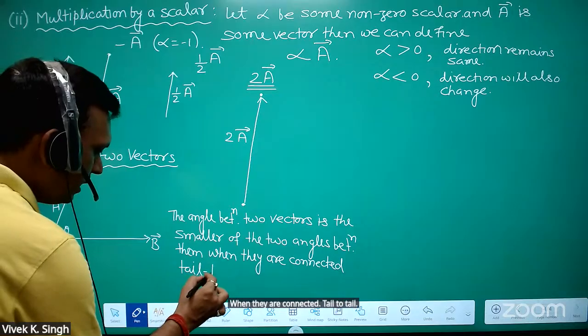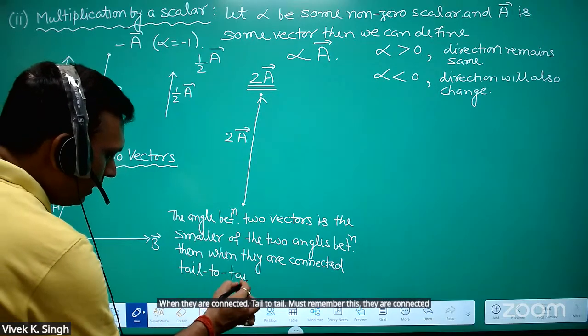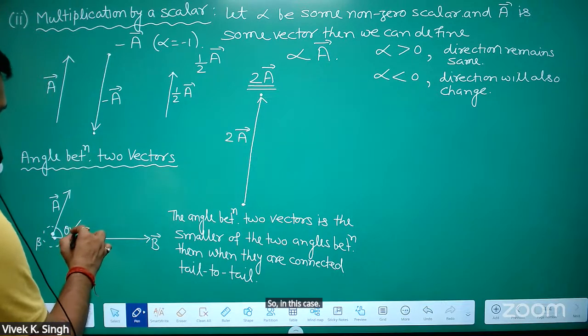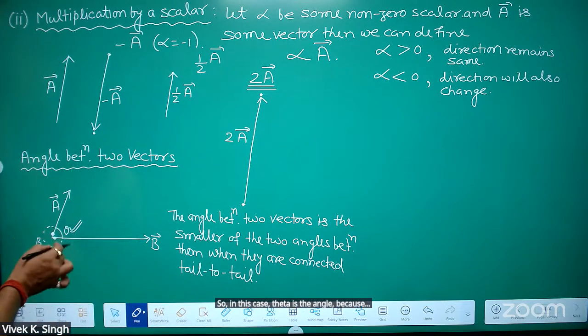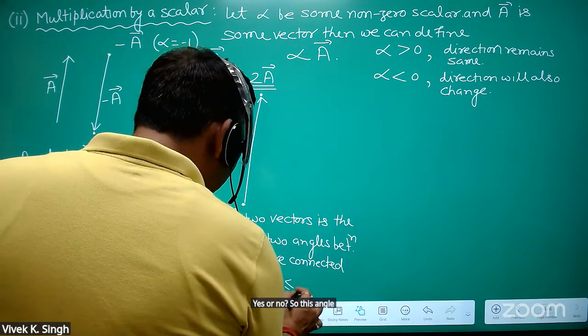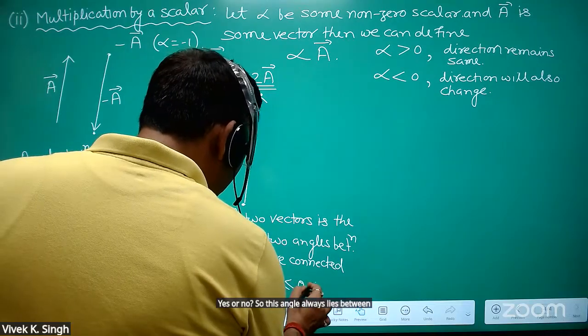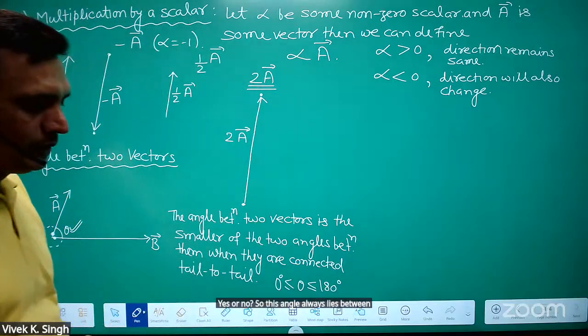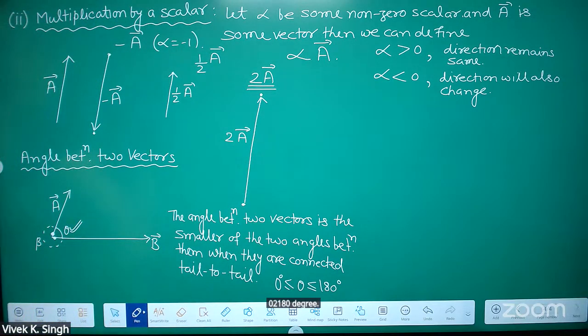Must remember this, they are connected tail to tail. So in this case, theta is the angle because this is the smaller angle. Yes or no? So this angle always lies between 0 to 180 degrees. Is it clear? Yes or no?